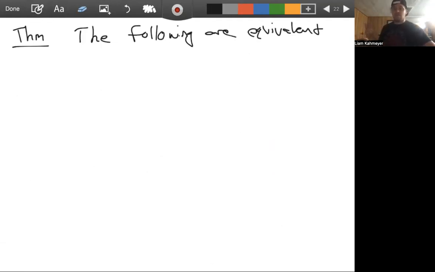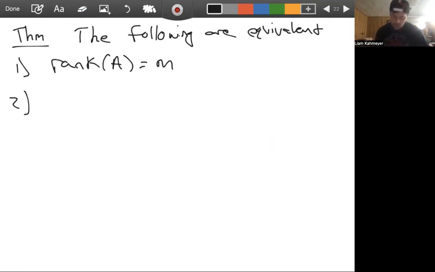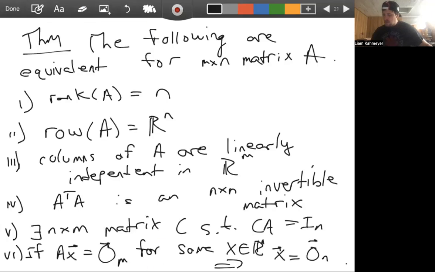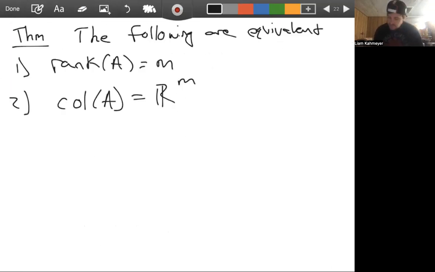So max in the sense of the codomain, not the domain here. So 1, we're looking at when the rank of A is maximum in the codomain, meaning we have rank m. Well, then the column space is just Rm, right? We're just going through an analogous theorem, but now for the codomain instead of the domain.